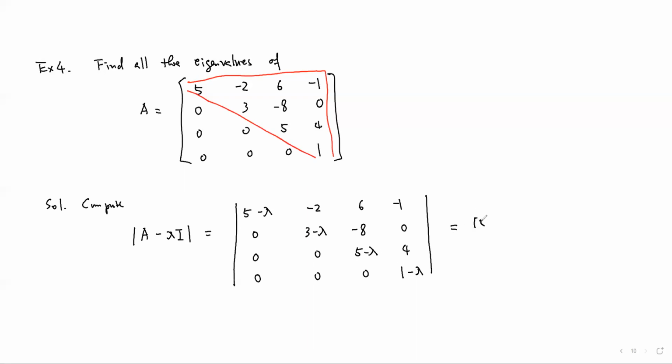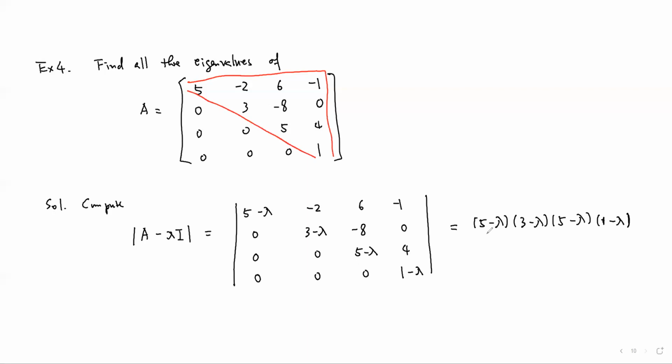It is 5 minus lambda times 3 minus lambda times 5 minus lambda times 1 minus lambda. When you expand this product, you will see it is a polynomial of degree 4. Now I don't expand it, I don't multiply out the product, because I'm looking for eigenvalues.